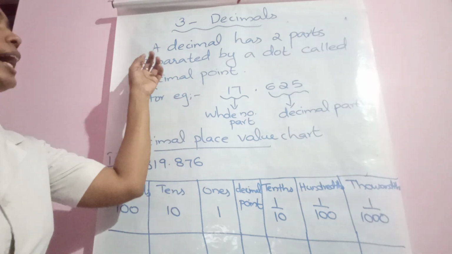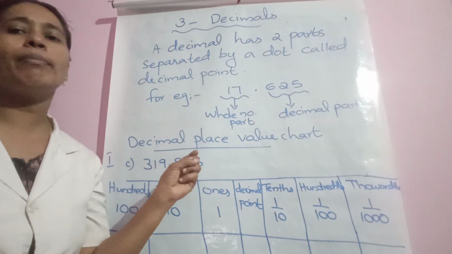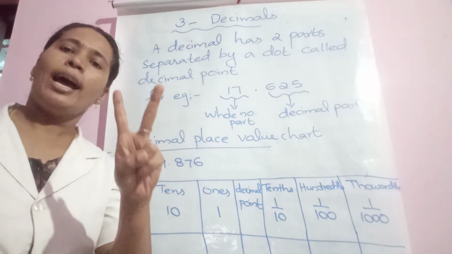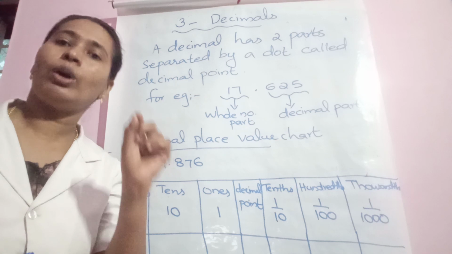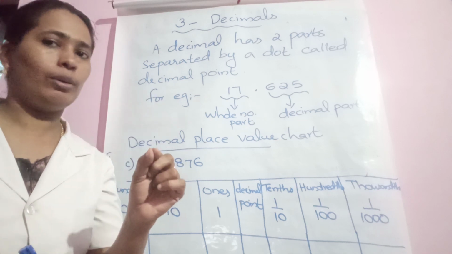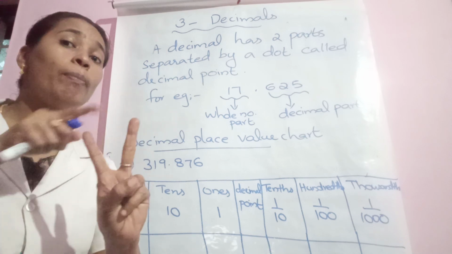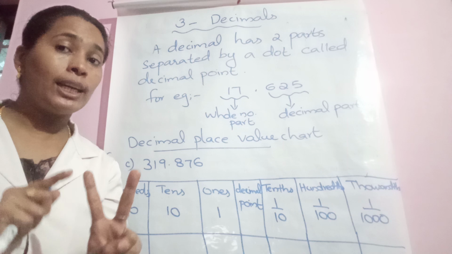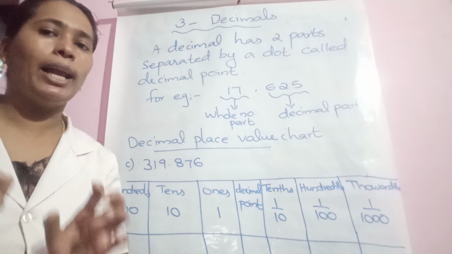And here we can have a decimal. When you consider a decimal, we can see that a decimal has two parts. The two parts are separated by a dot or a point called the decimal point.